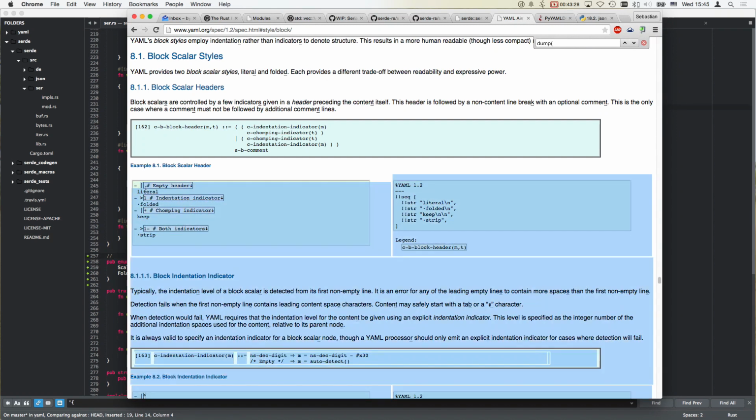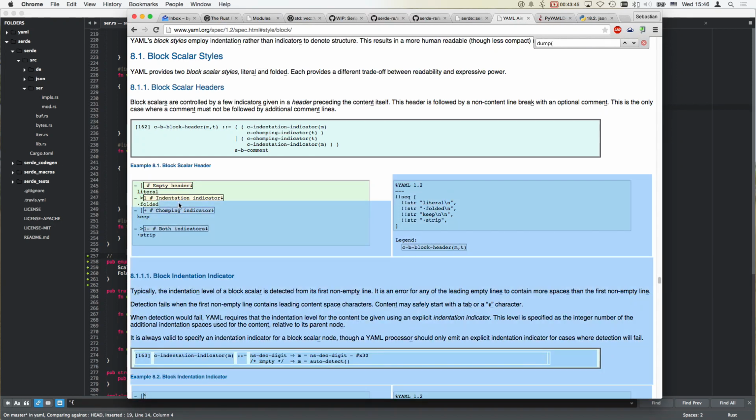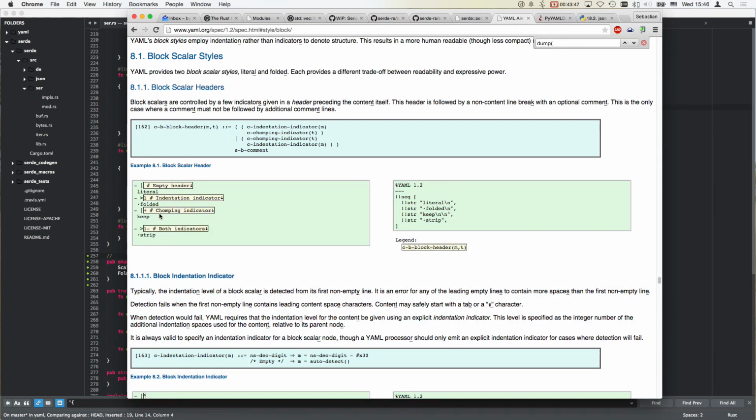Okay, so that's how you configure this YAML file, apparently. Empty header. Indentation indicator. Okay, so this is how you can configure your YAML file. Chomping indicator.